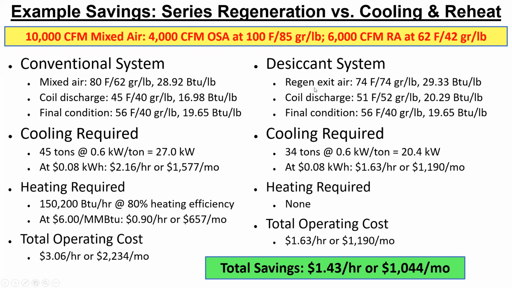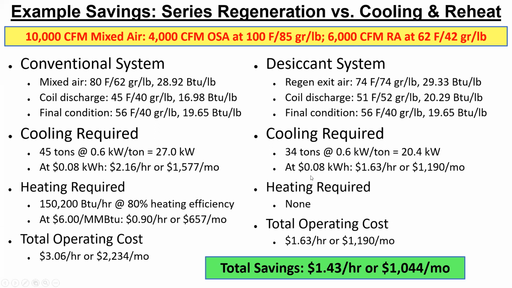those are the conditions for the regen exit air. This is the enthalpy, temperature, and humidity for the coil discharge and the final conditions. For this, we don't need the heating, but we need the cooling: 34 tons of cooling, if you calculate it. Again, mass flow rate times the delta enthalpy between the regen exit and the final condition.